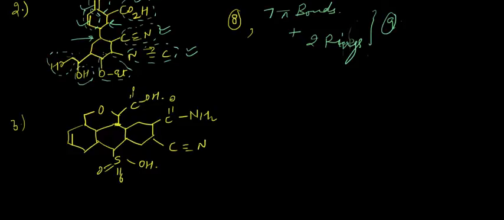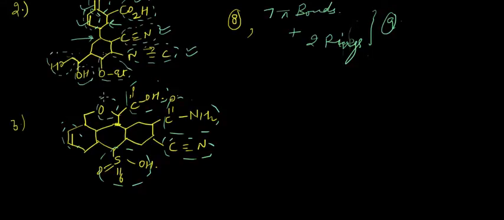So how many functional groups are there? 1, 2, 3, 4, 5, and the last one, ether group, 6. So the answer is 6 functional groups. What is the DBE for this compound? I think you can calculate the DBE.